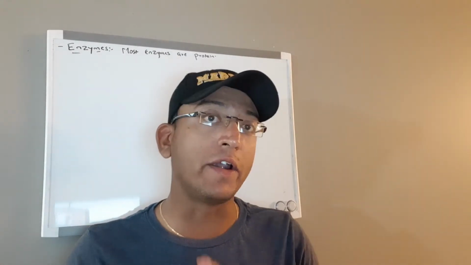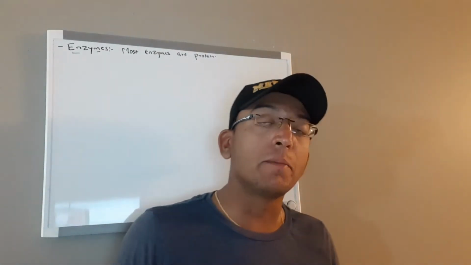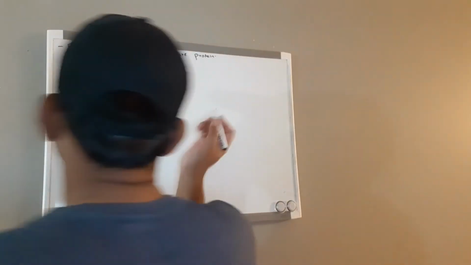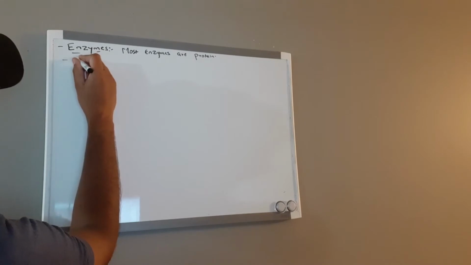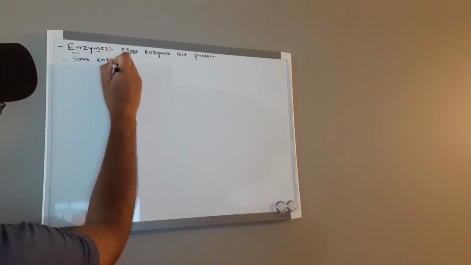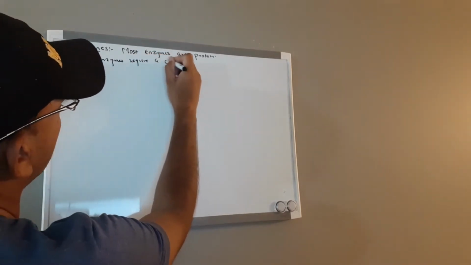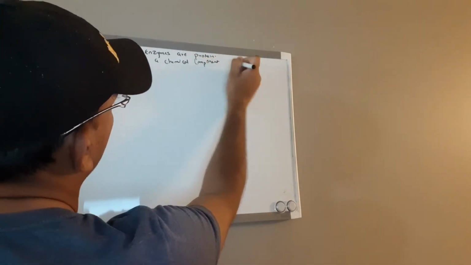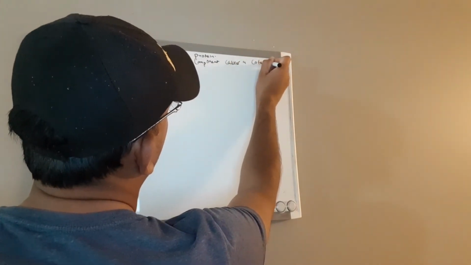Some enzymes require no chemical groups for activity other than their amino acid residues, right? But others require an additional chemical component that is called a cofactor. So some enzymes can work alone, but some enzymes require a chemical component called a cofactor.